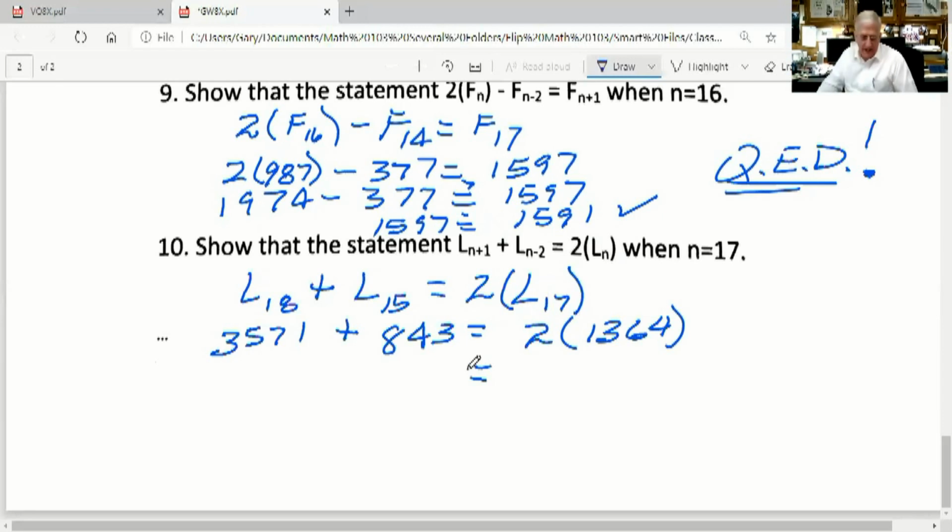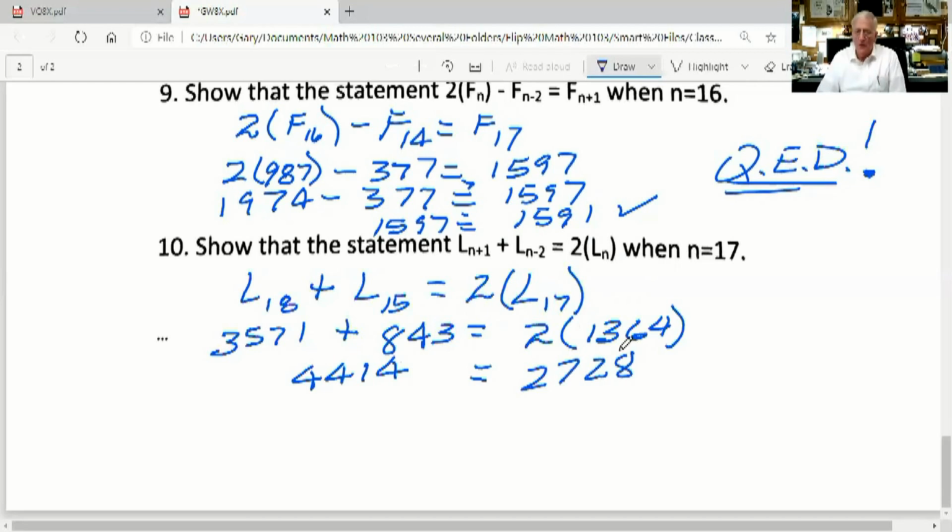When I do, I get 4414. Now, if I double 1364, I don't get the right answer, do I? Something is wrong. I got 2728.